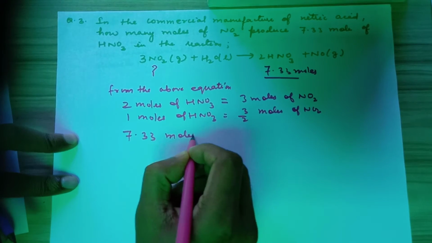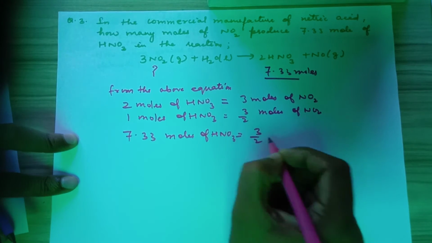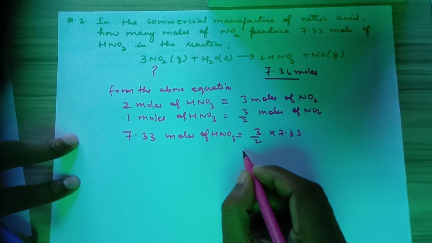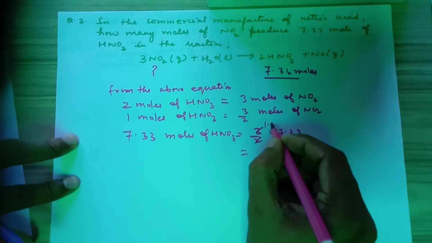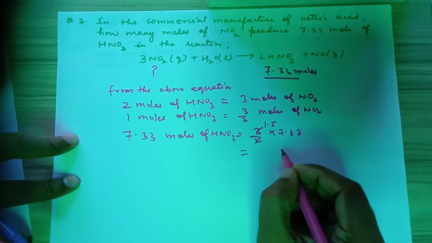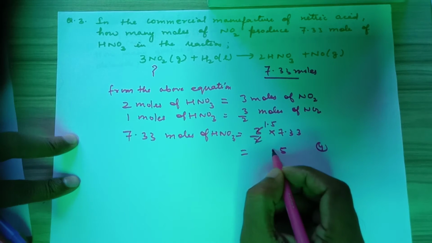7.33 moles of HNO3 will give 3 by 2 into 7.33. It will be 1.5. So 15 3s are 45, it will be 4, 15 3s are 45, 4 9, 49.